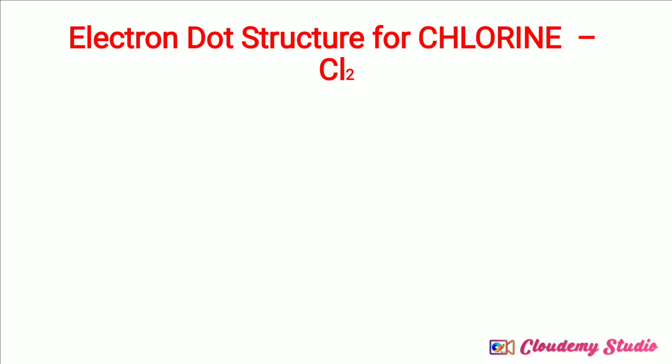So the left hand side chlorine atom symbol has to be written, and the right hand side chlorine atom symbol we need to write. Now between these two atoms, a pair of electrons has to be placed. So here one cross and here another cross. A pair of electrons is shared between both the chlorine atoms.